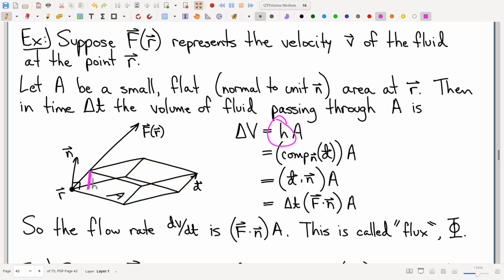Well, wait a second. I've got this vector called n perpendicular to my area, a unit vector that is. And what's the purpose of this height? Where did this height come from? Well, the idea of the height is I'm looking at all the water that has flowed through in a given amount of time. And so literally, there is this vector there that I'm going to call the d vector, which I reproduce over here just to get it out of the way.